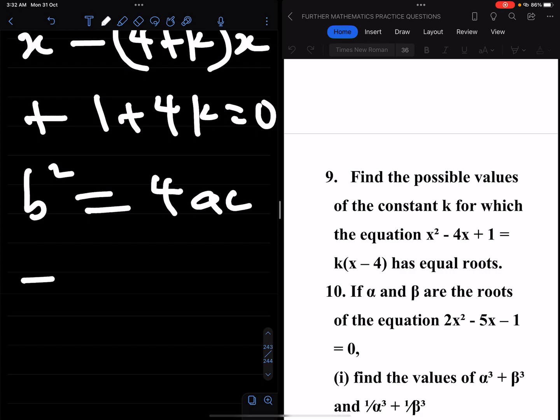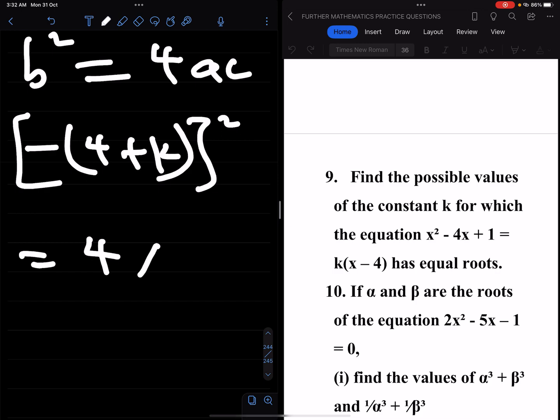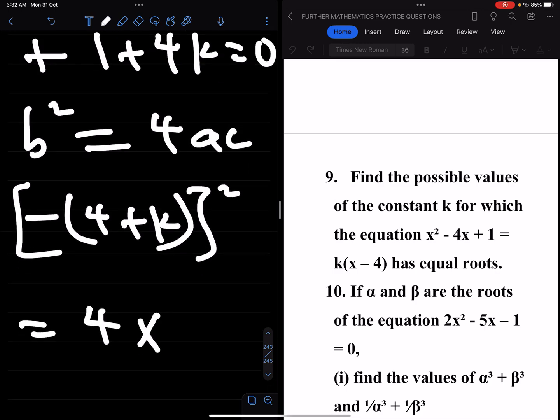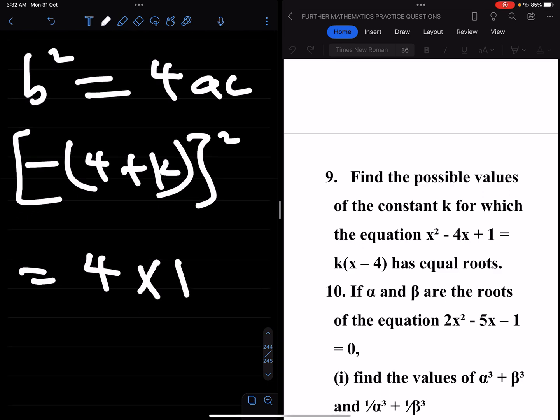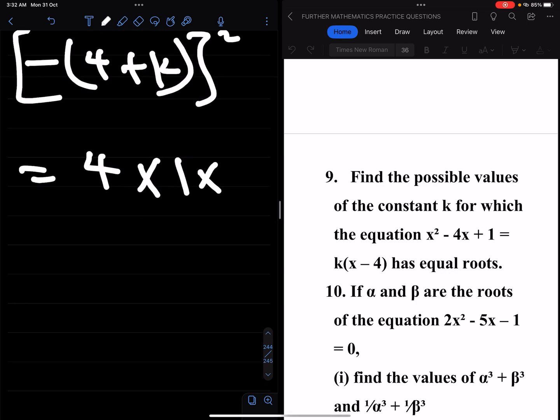So the square of that, 4 plus k all squared, will be equal to 4ac, which is 4 times a, which is 1, times c, which is 1 plus 4k. That's a constant.